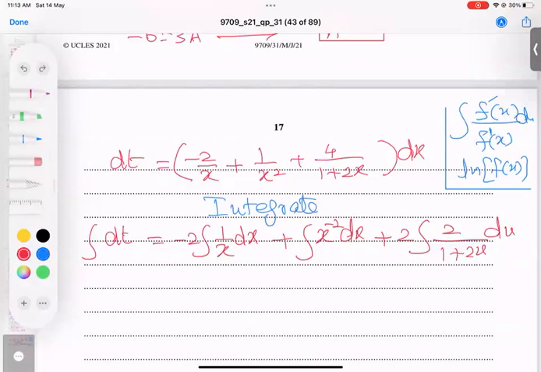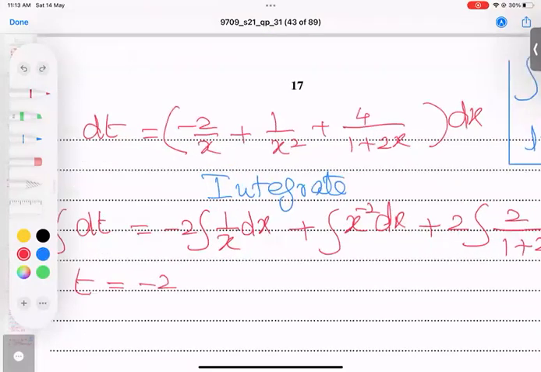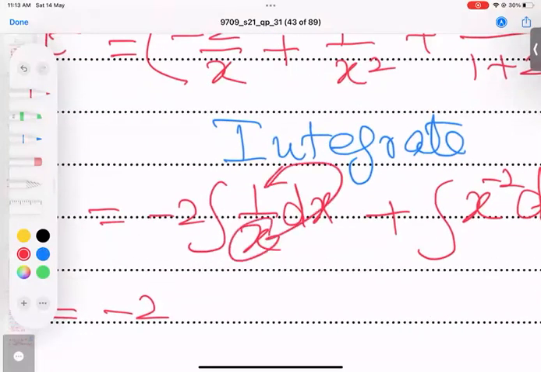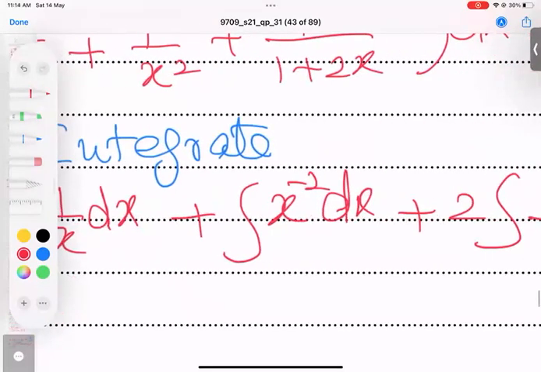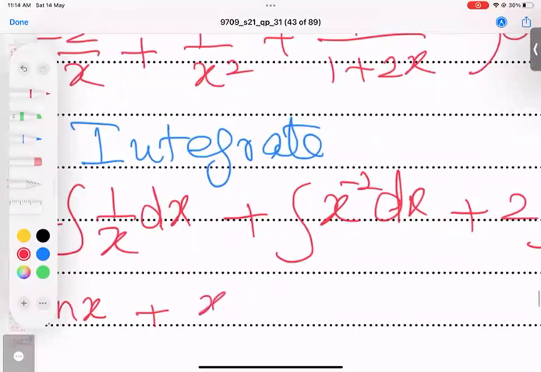So let's write: what is the integration of 1? It gives you t. And for the function, the same criteria I apply here too. What is the function x? Its derivative is 1. The answer turns out to be logarithm of x. And what is there? Increase the power by 1 and divide by the same.